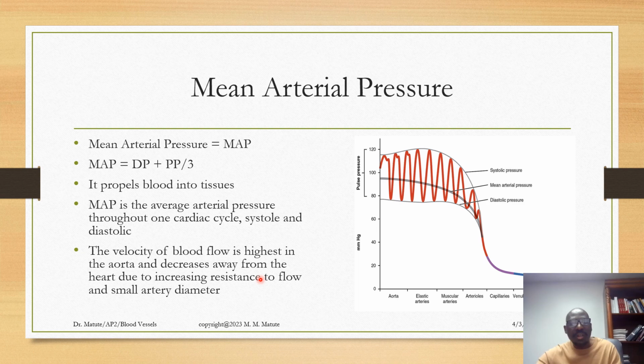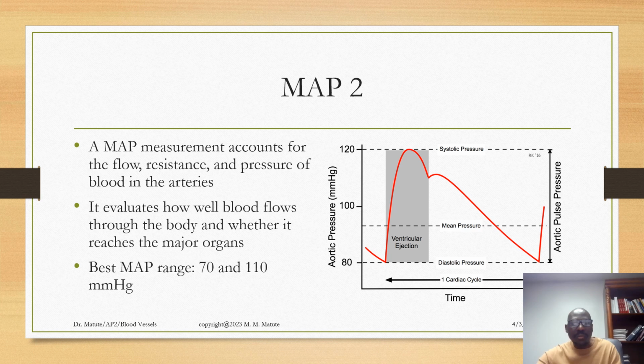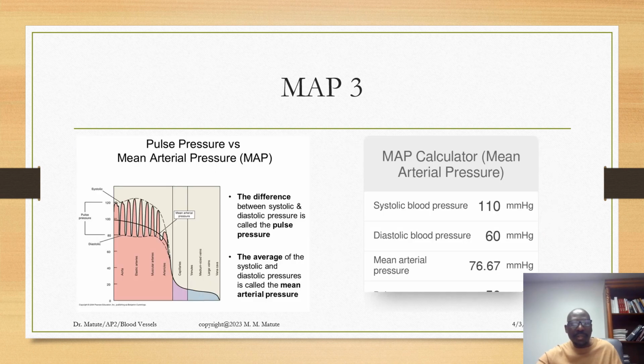So the mean here is just taking the average throughout the body. For somebody to be considered healthy, your MAP range should be anywhere between 70 and 110. If it goes out of that range, then it will be considered that you're not very healthy.